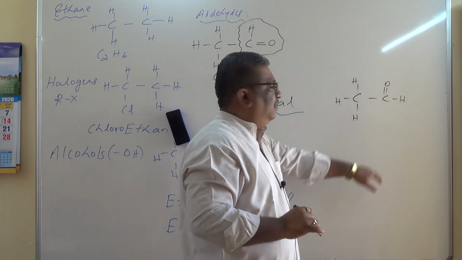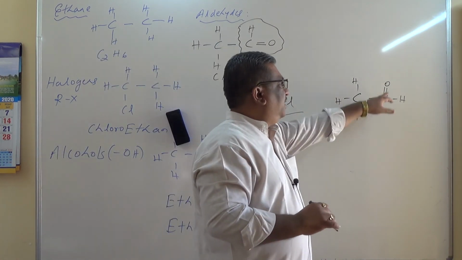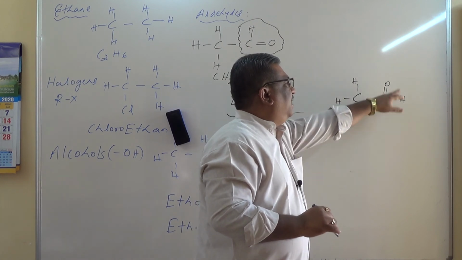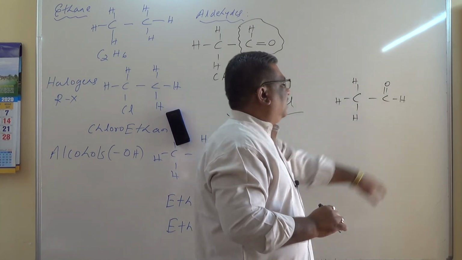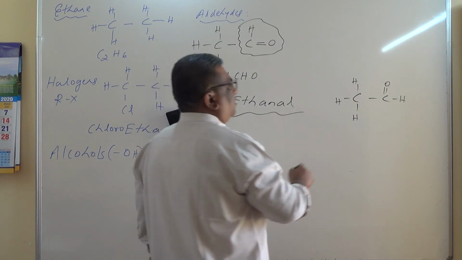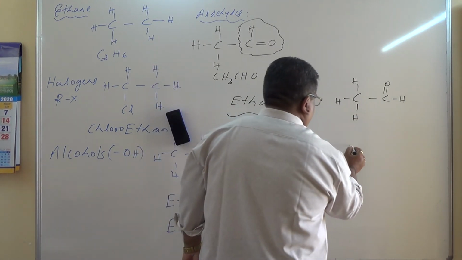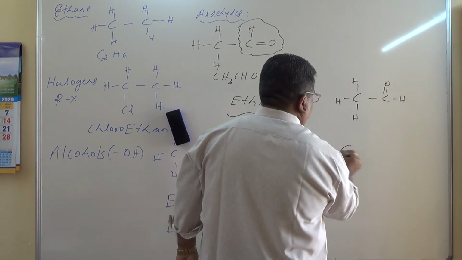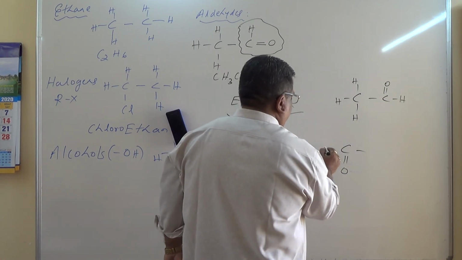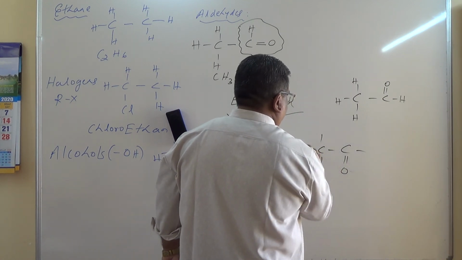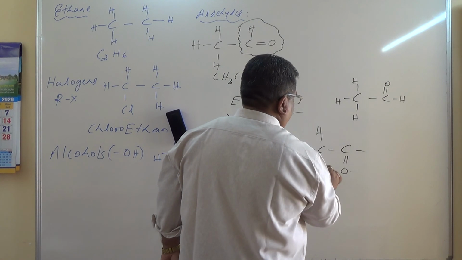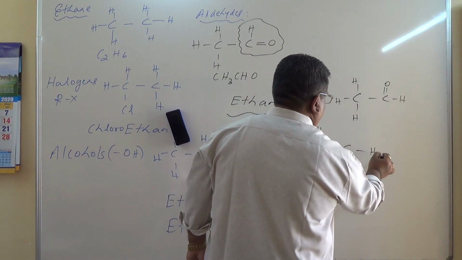C double bond O. No, it is an aldehyde group here. You can put it like this also, C double bond O here, like this. Here I'll take one more, H, H and H. Here H.